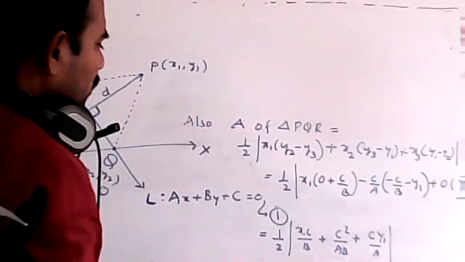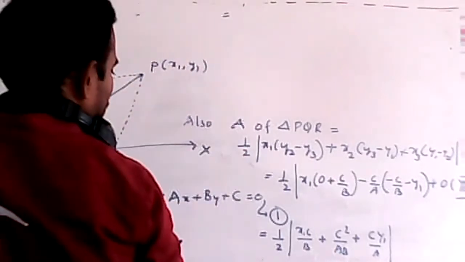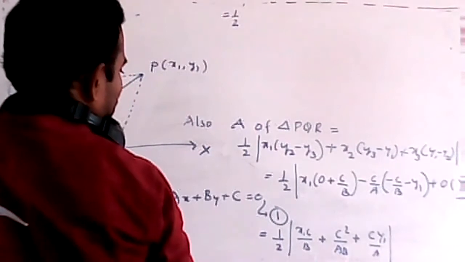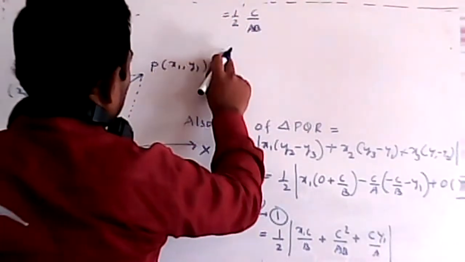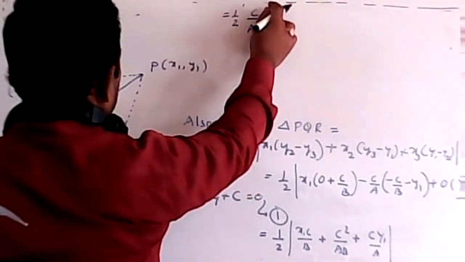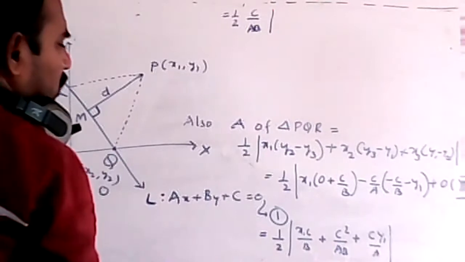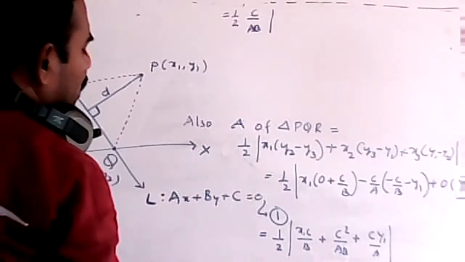Half as it is. I can take c by ab common. What remains there? Let's see.